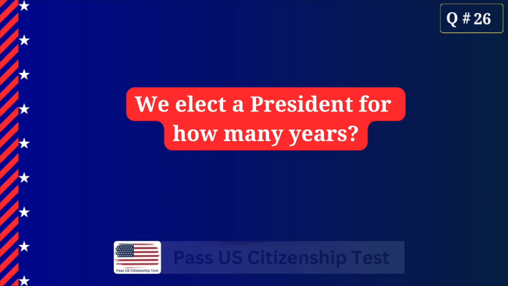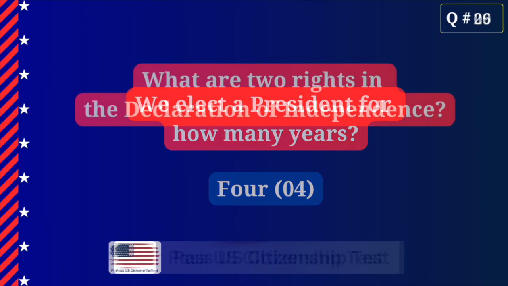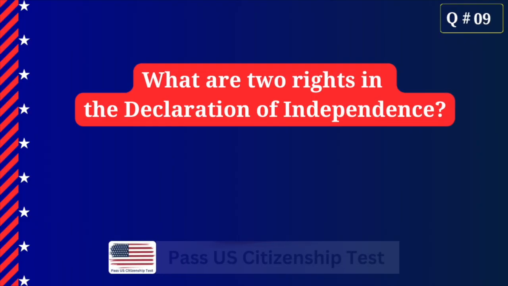We elect a president for how many years? Four. What are two rights in the Declaration of Independence?